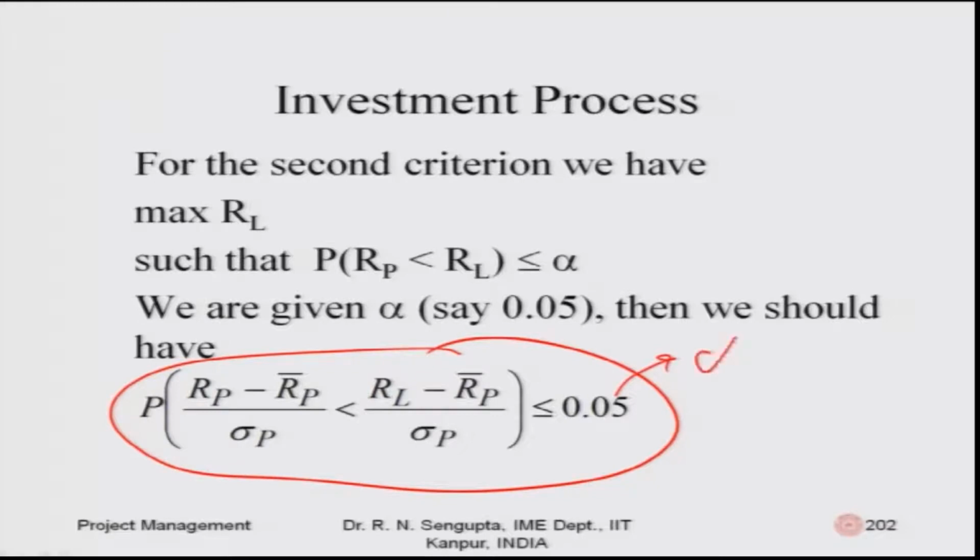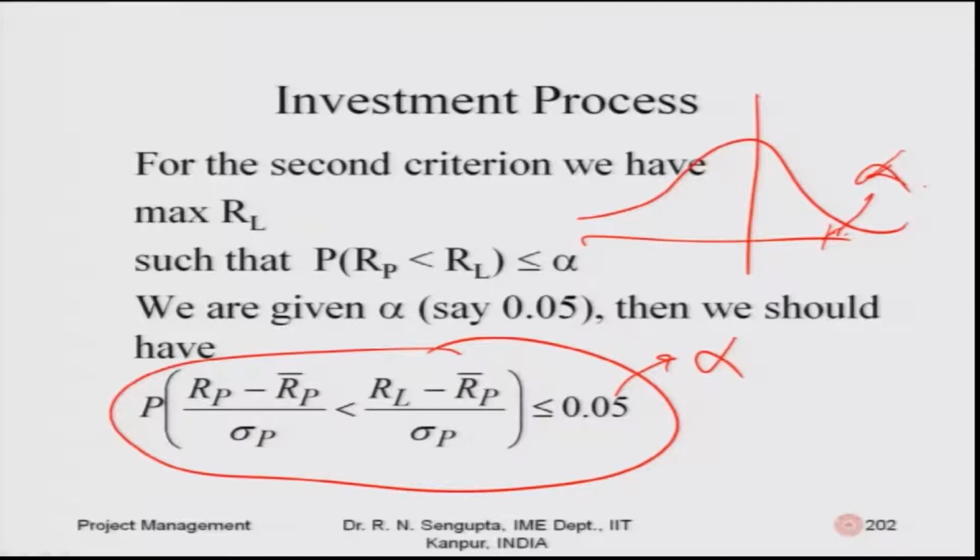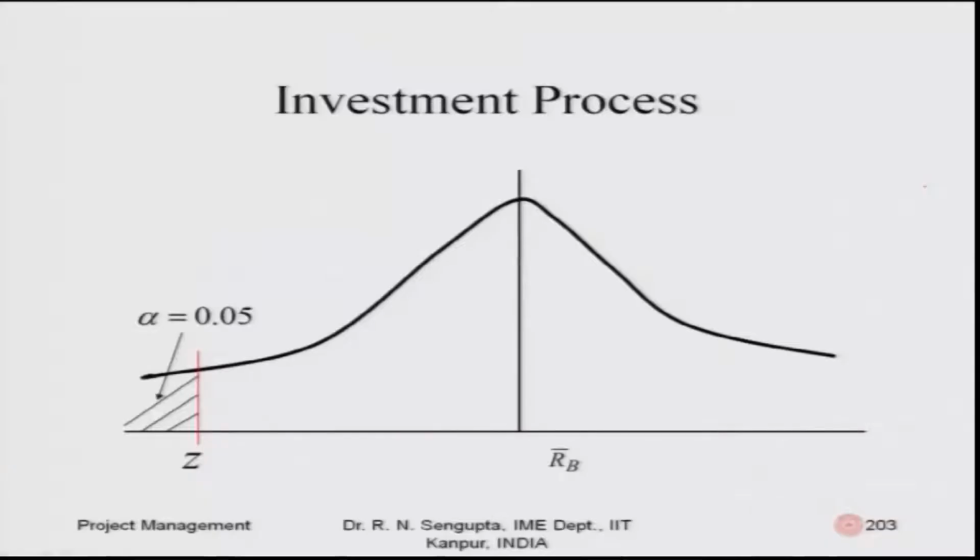This is the value of alpha, and if you have the distribution as given, this is the mean value, and this alpha value is given, then you can find accordingly the second concept of the safety first principle, and how it can be utilized to find the rank of the projects for the portfolios. Again, this alpha being on the left or the right does not make any difference, because I am just trying to give you a feel for how this problem can be solved.